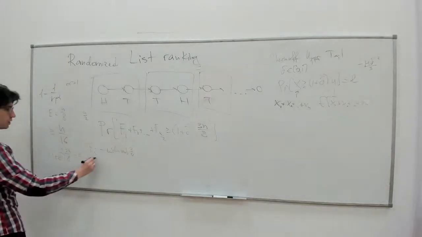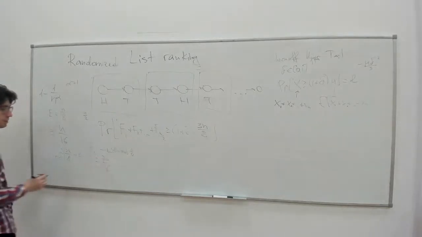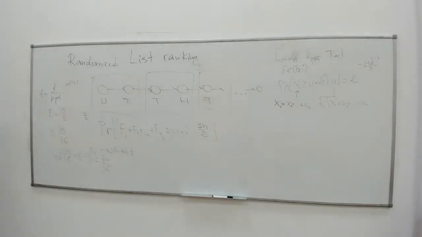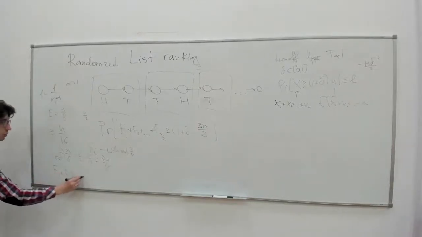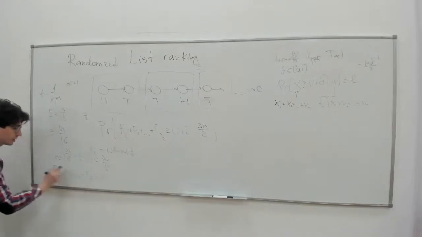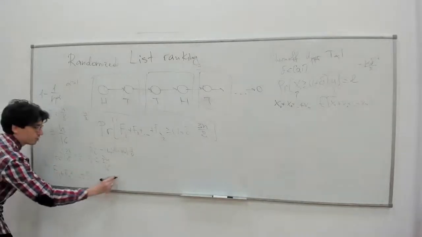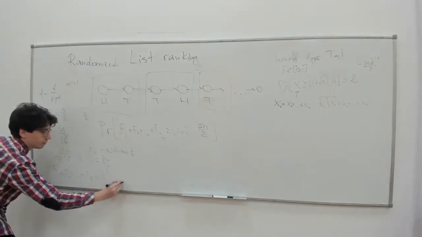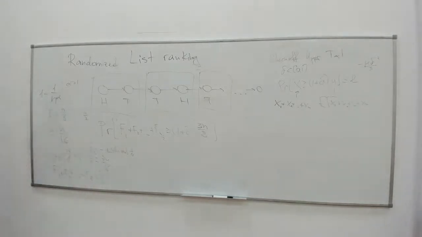So this is 7n divided by 16. If I prove that f1 plus f2 plus fn/2 bigger than or equal to 7n/16 is small, this probability, then if I invert it, I will get n/16 successes with positive probability.